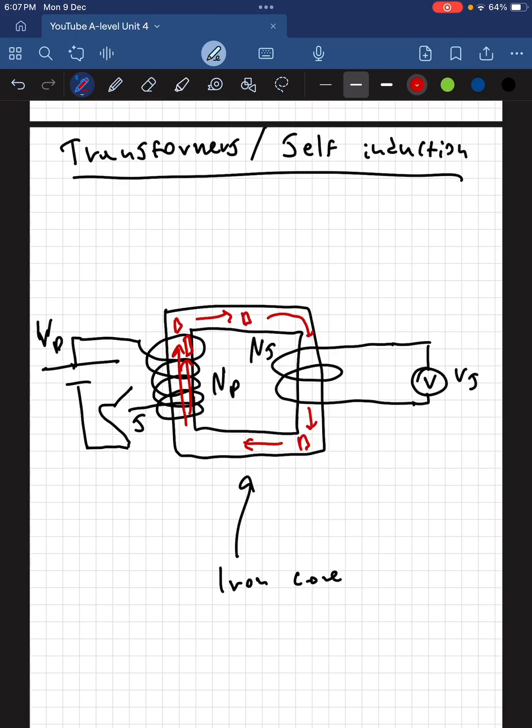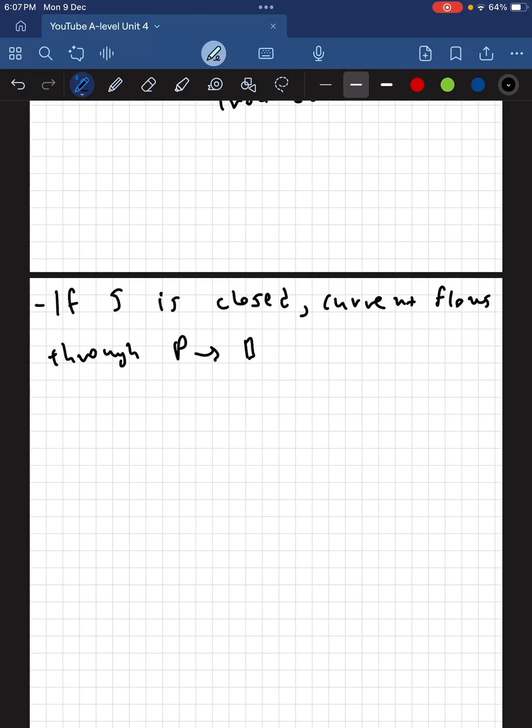So this is what we mean by self-induction, that we get the generation of electricity due to electricity changing in one side of this iron core. So I'm going to write this down. If S is closed, current flows through P, the primary coil. This induces a magnetic field due to this current.